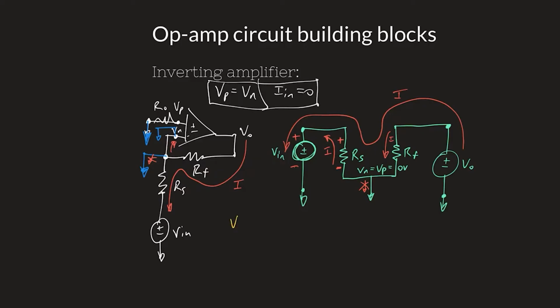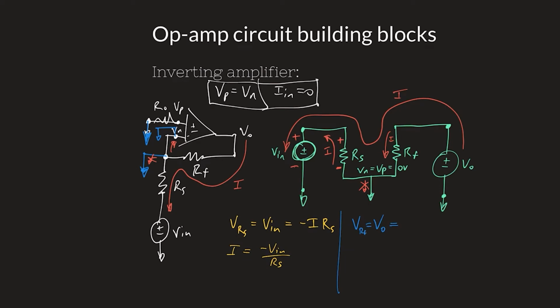So we have the voltage across RS is V in, it's the same voltage across both of them, equals minus I times RS. So then solve for I. Then on the right hand side, we have VRF is equal to V0.